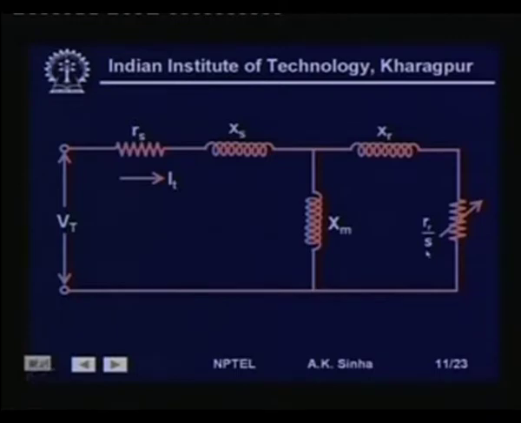Normally these induction machines will be working at a slip of around 0.04, 0.05, that is, 4% to 5% slip.